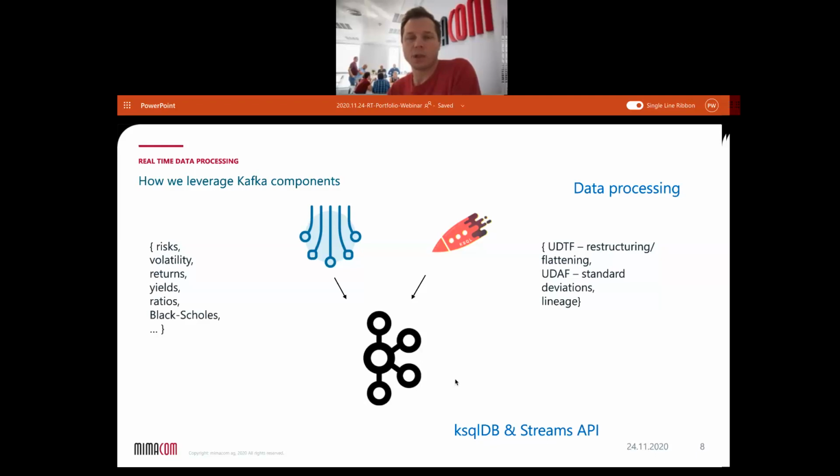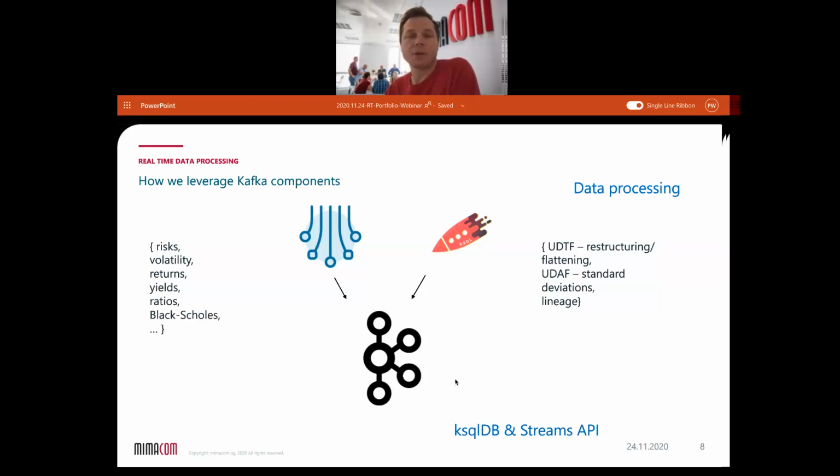even more complicated formulas like Black-Scholes formulas for derivative pricing can be done really in this layer using KSQL DB or Streams API. We found it extremely useful to prepare common functions as user-defined functions which can be used directly in your KSQL queries. For that, we see a huge advantage when we provide a user-defined function which calculates standard deviations, which applies a lineage characteristic to your data.